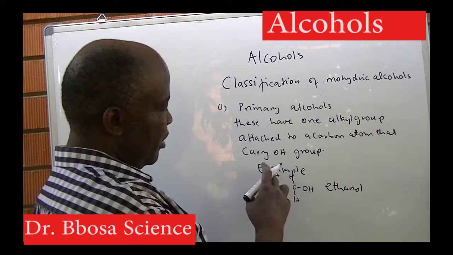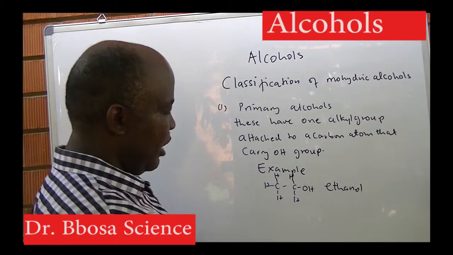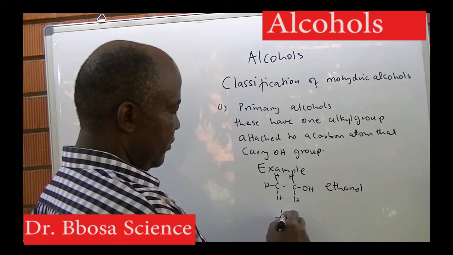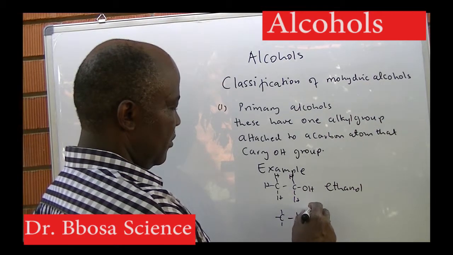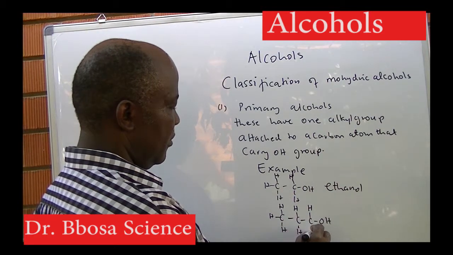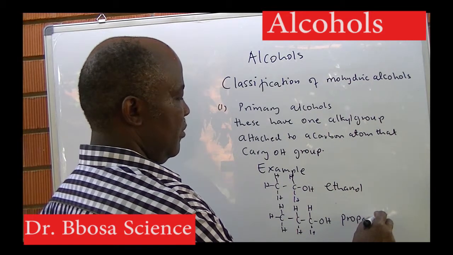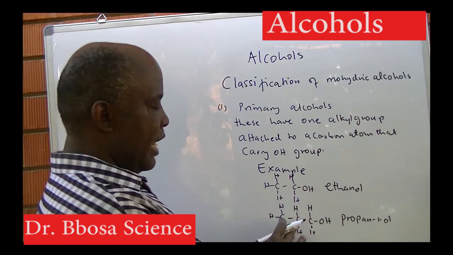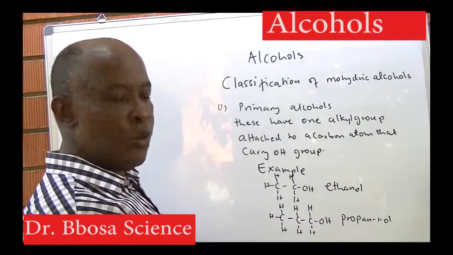In ethanol, one methyl group is attached to a carbon atom that carries the OH group. The second example is propan-1-ol. In propan-1-ol, an ethyl group is attached to the carbon atom that carries the OH group.